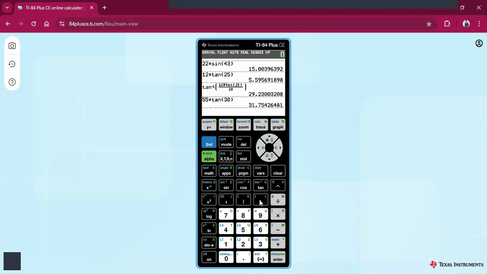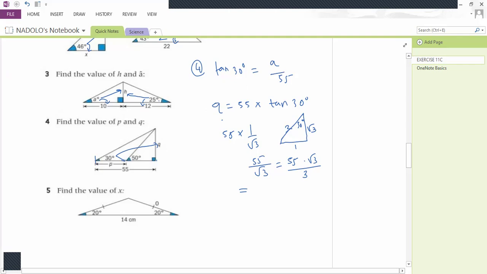So to three significant figures, 31.8. So you're going to write 31.8 as Q also. This answer is also right. 31.8. Since it's a side, it's a length.